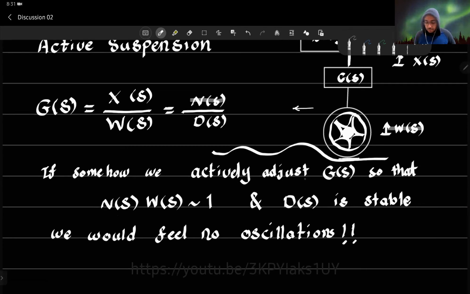If we somehow actively adjust the g(s), if we can somehow manipulate some parameters in this expression so that n(s), the numerator of this transfer function, multiplying w(s), which in this case is this oscillation at this particular speed, okay? If we make them approximately equal to 1, which means that they cancel each other approximately, and that the denominator is stable so that we don't get any unstable response, we would feel absolutely no oscillations whatsoever.